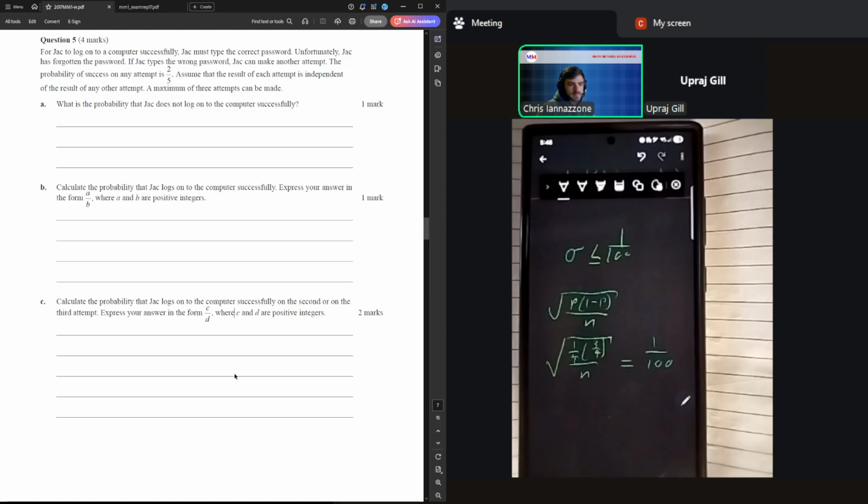Well, can we actually? No, we can't actually ignore it, because it doesn't say given a fail, then calculate the probability of success on the second or third.